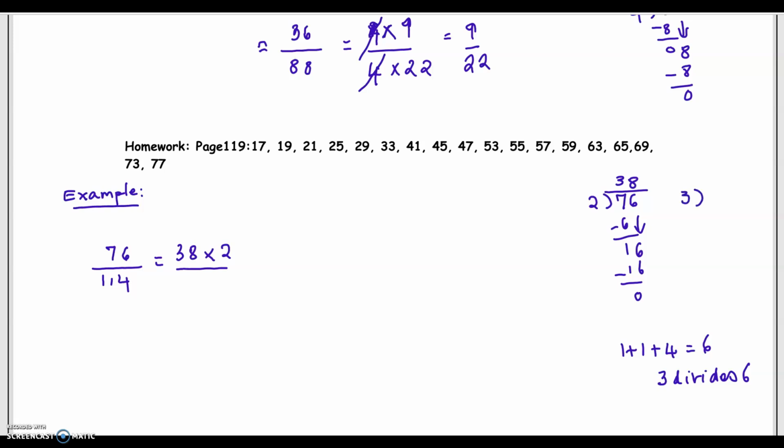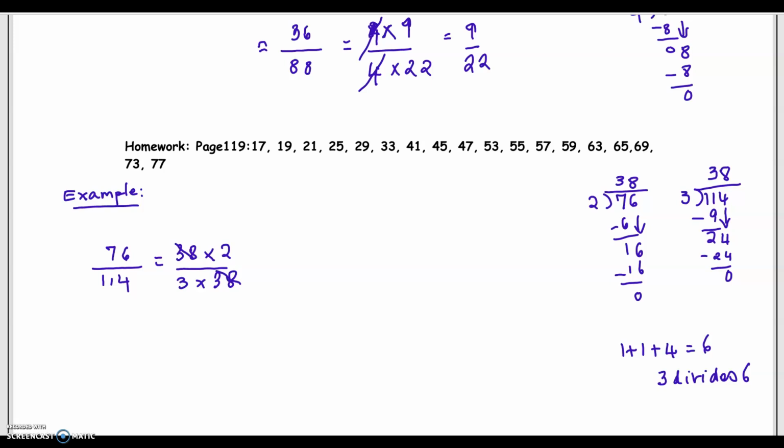So let's divide 114 by 3. So 3 3s are 9. Subtract to get a 2. Bring the 4 down. 3 8s are 24. And that's equal to 0. So we could say 3 times 38 is equal to 114.